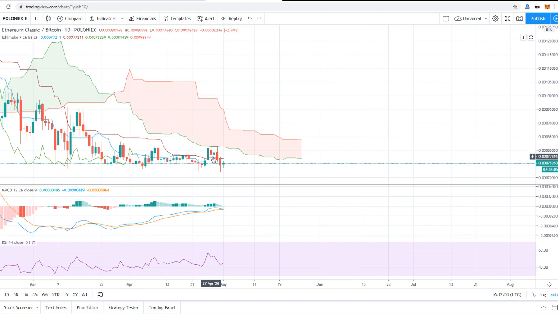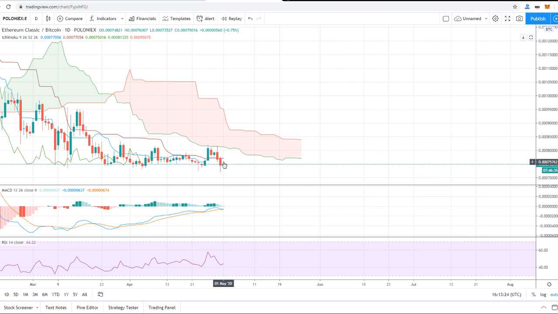But once we got down again, it acted as resistance, and the outline of the cloud also acts as resistance. Here for instance, once we touched 0.0081, it acted as resistance, and we went to the downside. We tried to test it again and immediately got rejected. So that's how it works.